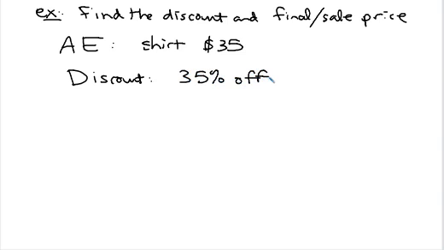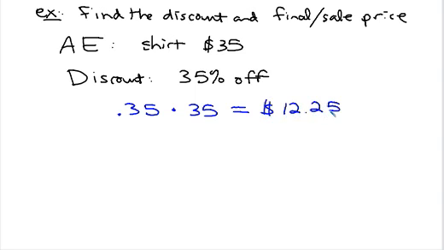Well, if you have a calculator in your hands, this is easy. Move the decimal 2 places, which is going to be 0.35. In this case, the shirt is also 35. So this is just a basic calculator problem. 0.35 times 35. Do that on your calculator. Did you get $12.25? Is that the sale price of the shirt?